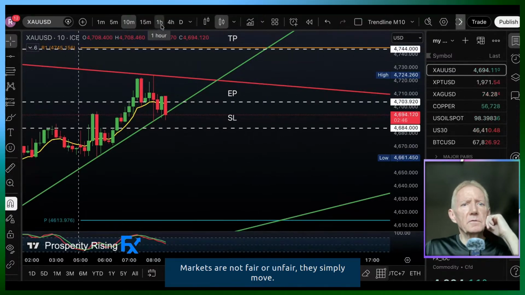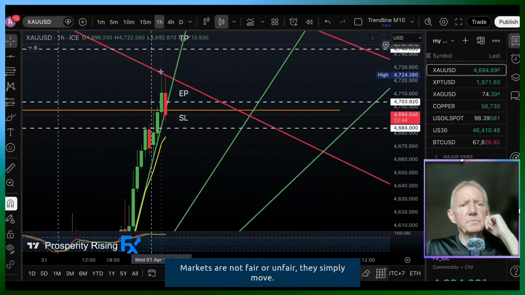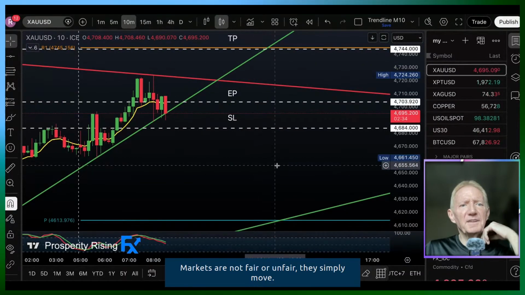What does this look like on the 1 hour chart? Oh, big bearish candle on the 1 hour chart. Look at that. Go back to the 10 minute chart.